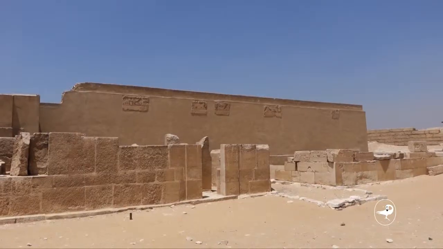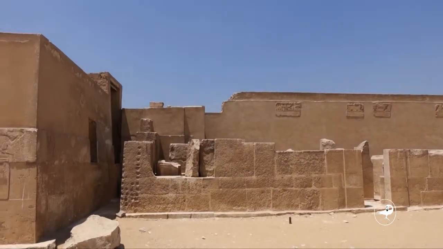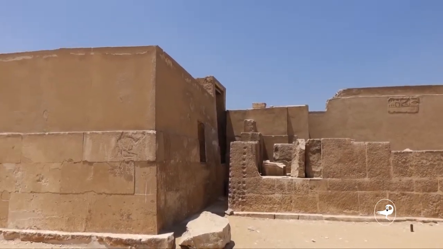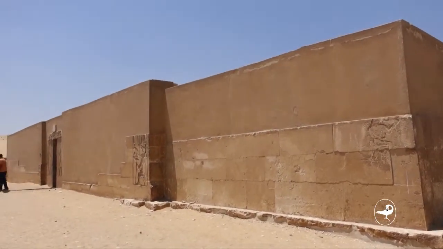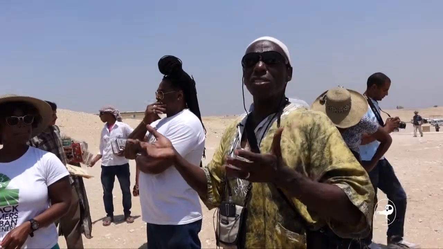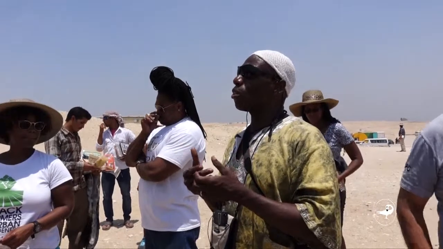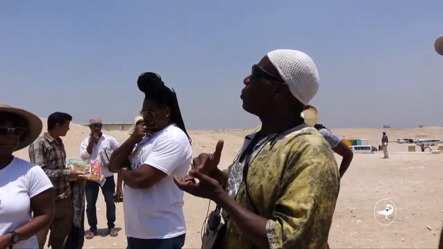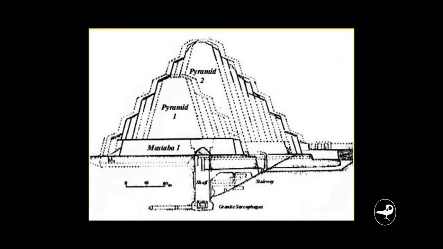And then he realized that the mastaba was not as elaborate and as stupendous for a pharaoh as great as Zoser. So he decided he was going to experiment by making another layer on top of it.